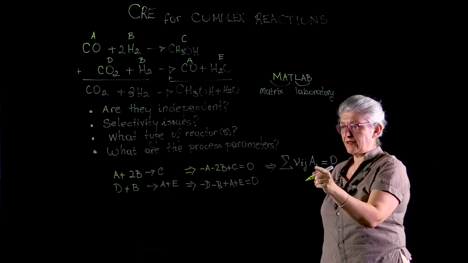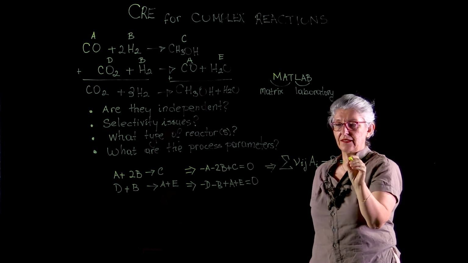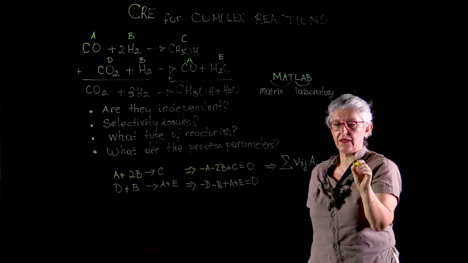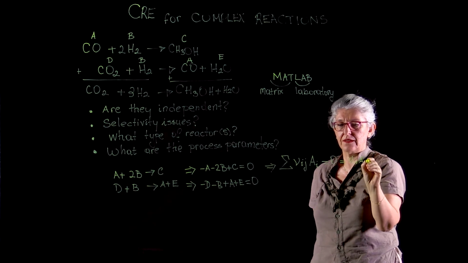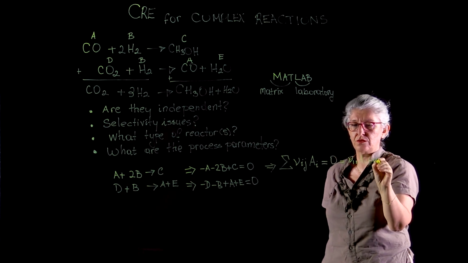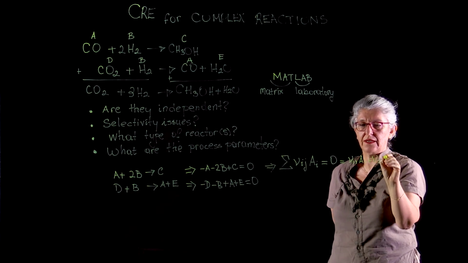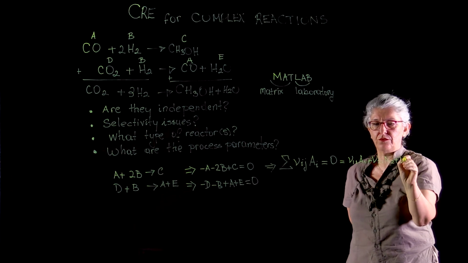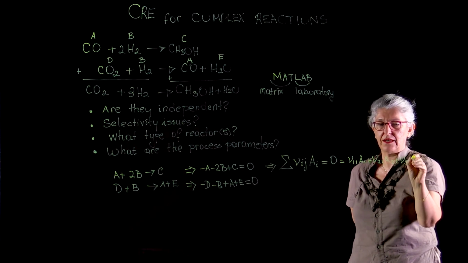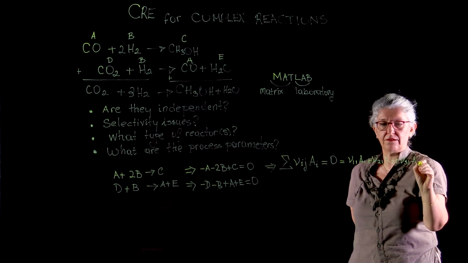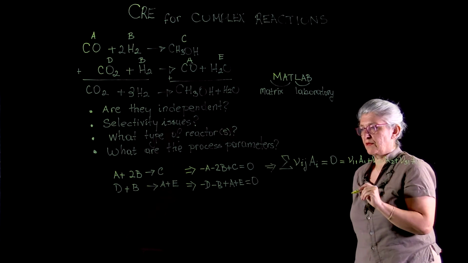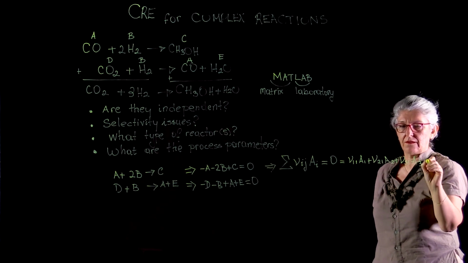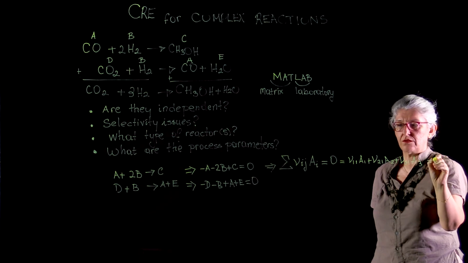We can write this as nu 1 1 A1 plus nu 2 1 A2 plus nu 3 1 A3. We have three components in this first reaction, equal to 0.